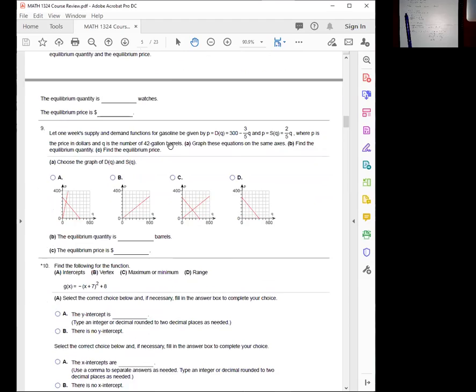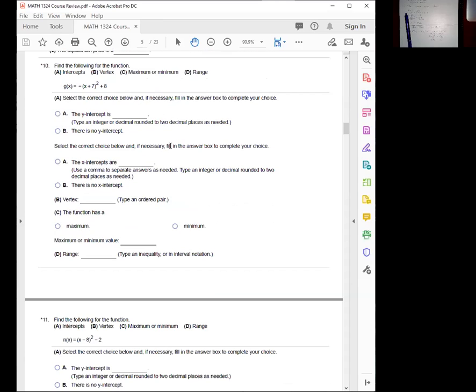Okay, looks like 9 is the same deal. Number 10. So it wants us to find the intercepts, vertex, maximum or minimum, and the range. Now, if we graph that, we should get most of it.